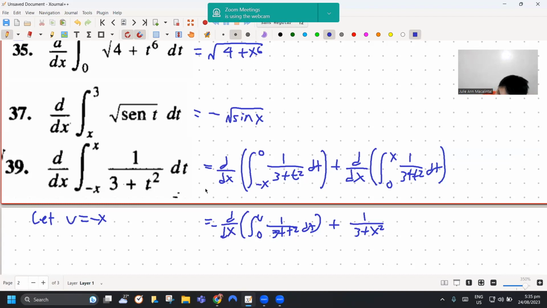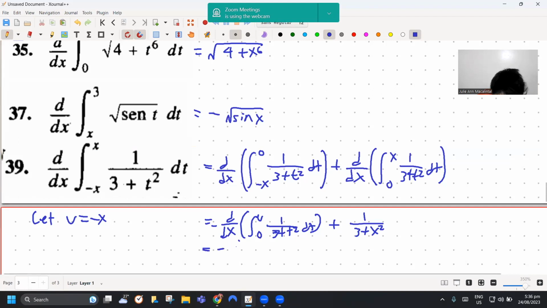So ngayon, ang kailangan natin, derivative with respect to x of negative d dx 0 to u of 1 over 3 plus t squared dt.